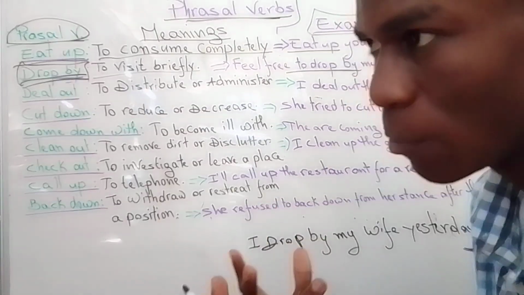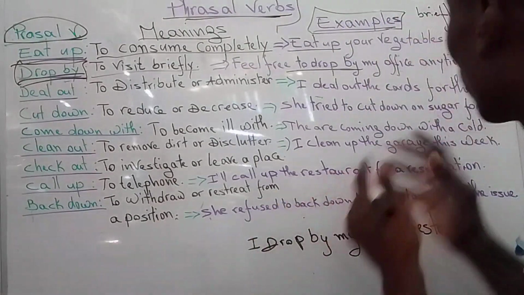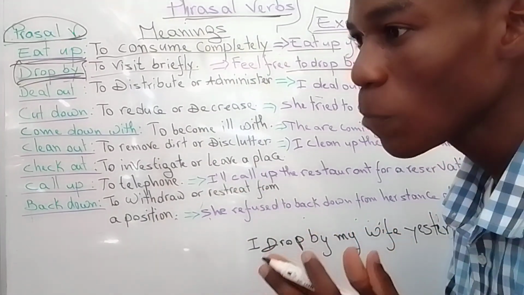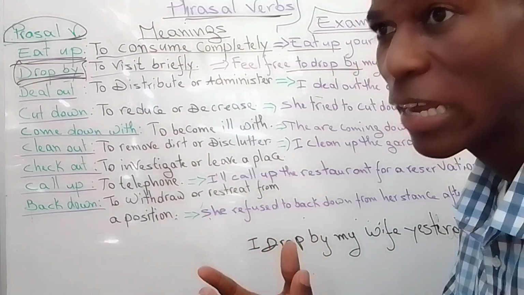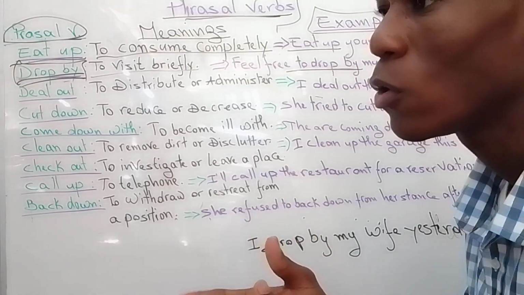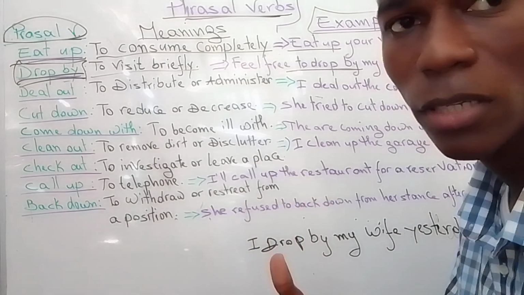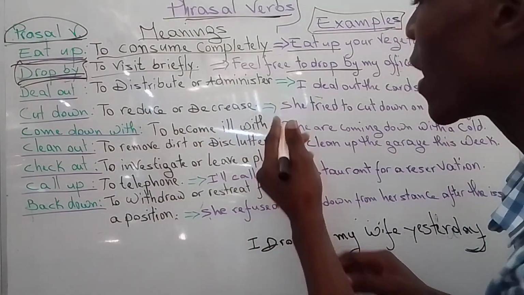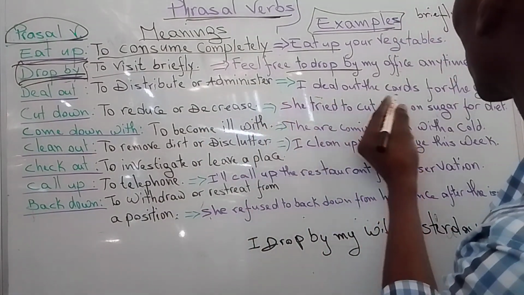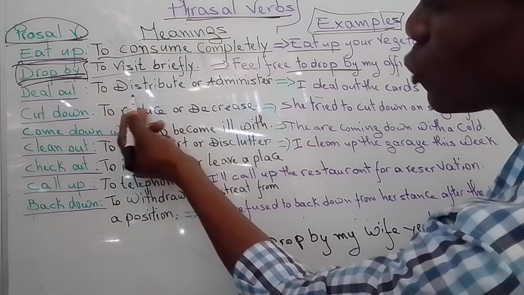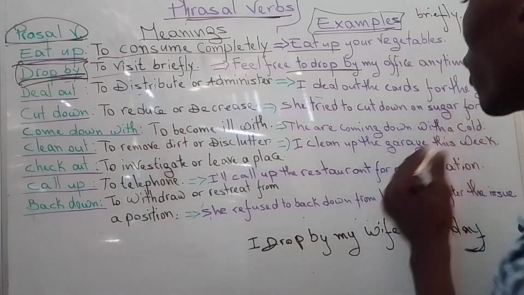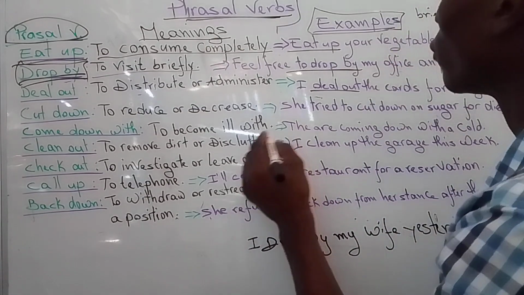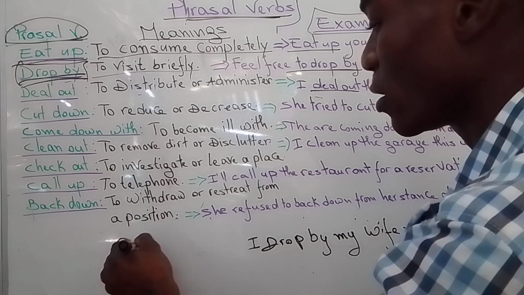That means, for example, I was playing a card game with my friends, and I am the one who has to distribute the cards. That's what I'm doing here. I deal out the cards for the game. That means I distribute the cards for the game. Deal out, distribute.